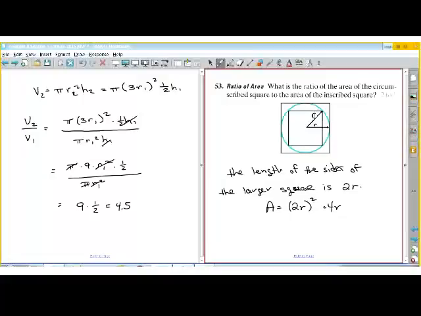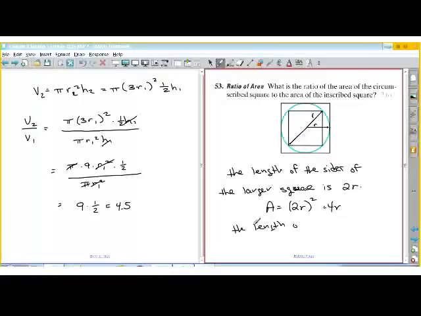And now what we need to do is find the area of the inner square in terms of r. So in this case, this line that goes from the center to the corner of the square, this inside square, is the radius. And if I did the same thing in the other direction, I go this way to the other diagonal. So the diagonal in this case is 2r.